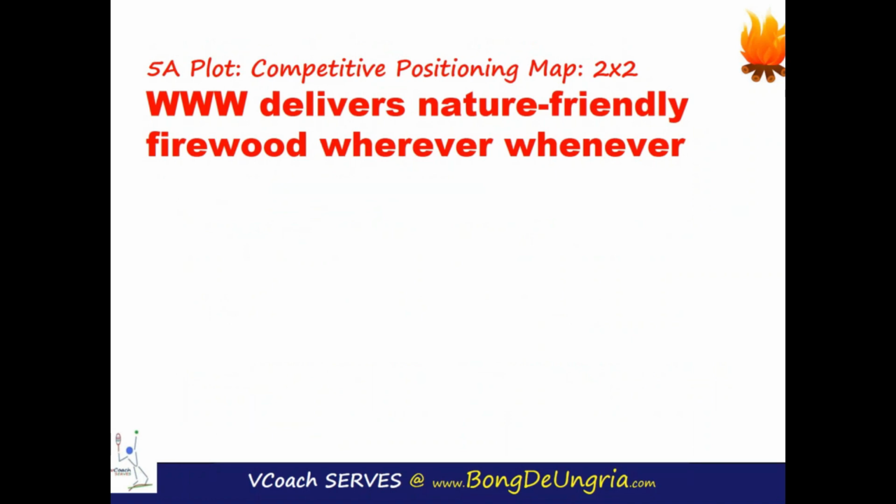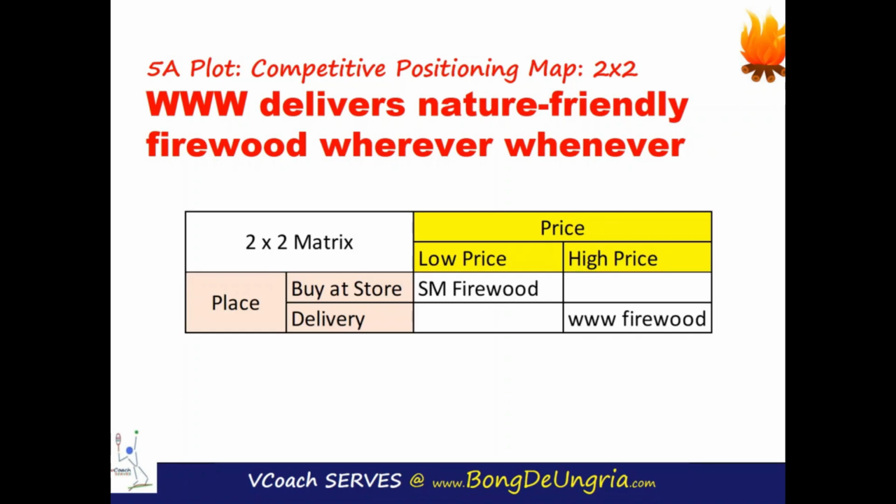You would look for two critical variables that would allow a clear differentiation between your product and your competitors. For firewood, the two key differentiators would be price and place. Okay? So for price, you can be low price like SM Firewood, and for place, it can be bought at the store.